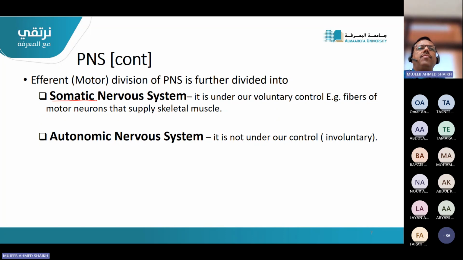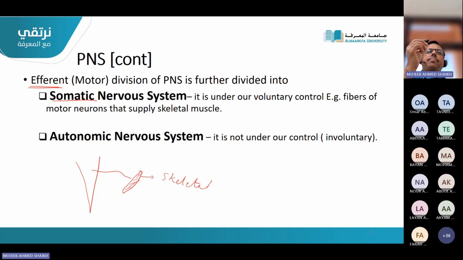It is a part of the efferent, or motor, division. Those signals from the spinal cord go to the muscle, but which muscles? Skeletal muscles. So these muscles are under our own voluntary control.